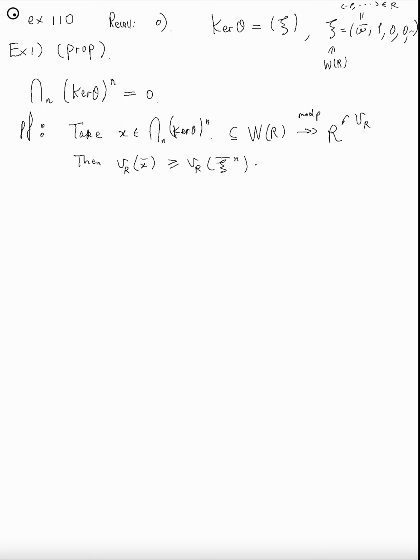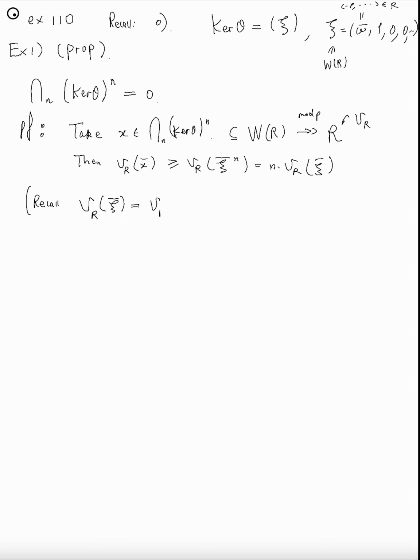Recall that, because we already have the description of C as an element of W(R), modulo p we are basically left with omega bar.